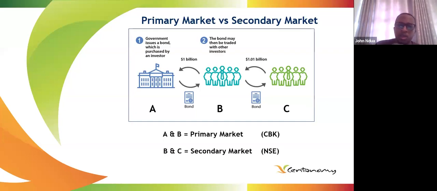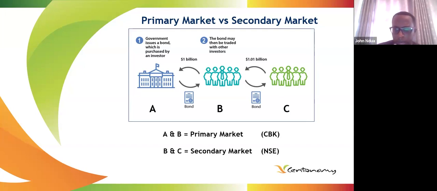So the transaction between A and B is known as the primary market, and the transaction between B and C is known as the secondary market. Remember the primary market I explained? For treasury bills it happens once a week, for bonds every single month, but the secondary market happens every single day, except public holidays and weekends.